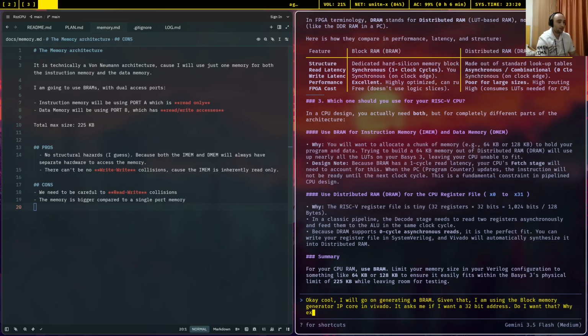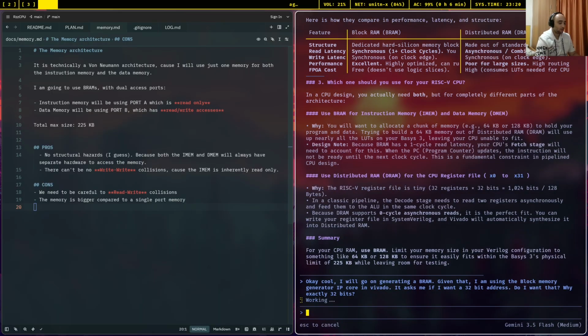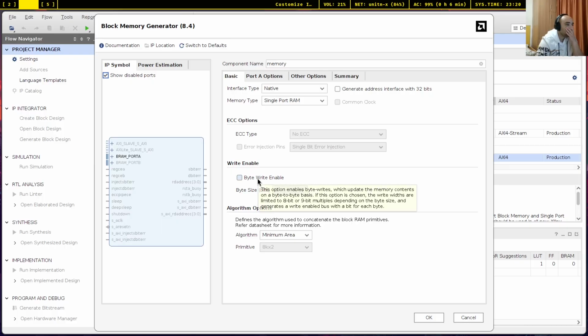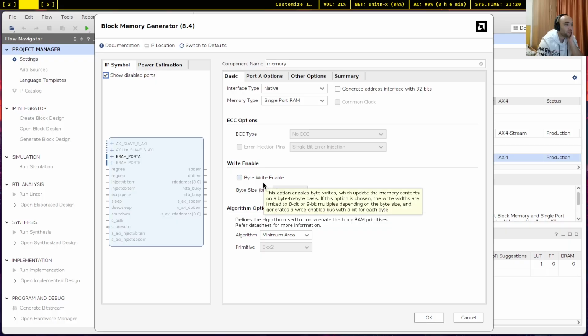Why exactly 32 bits? What is this? This option enables byte writes, which update the memory content on a byte-to-byte basis. If this option is chosen, okay, so basically you can modify the single bytes. Not sure.